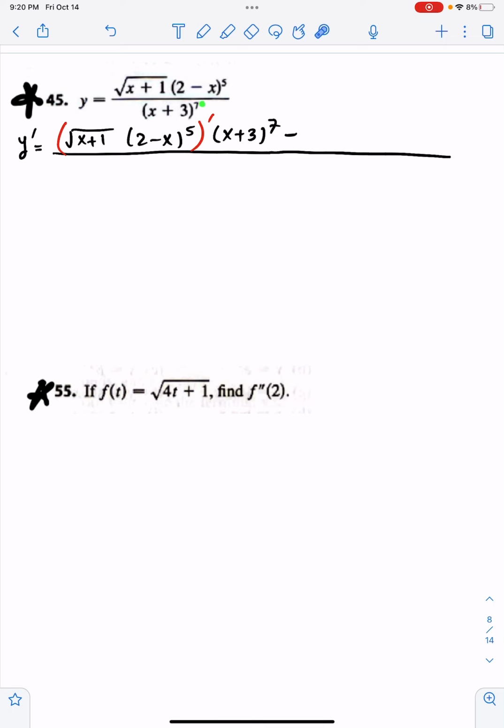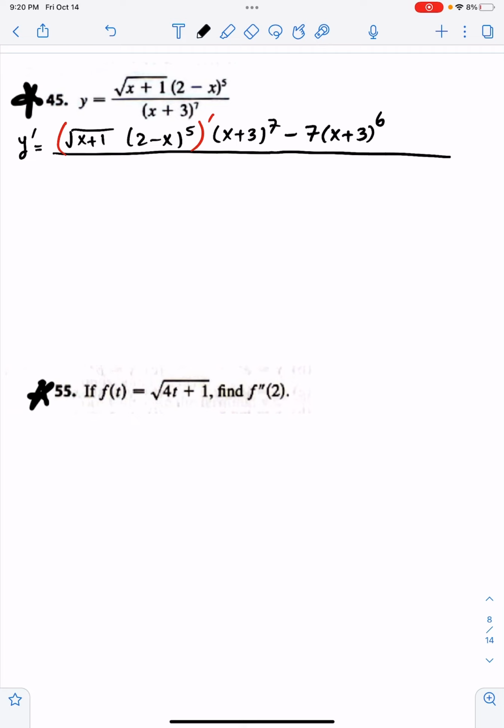Derivative of the denominator. That's easier to find, so let's find that. Derivative of the denominator, you just take 7 to the front and then subtract 1. So (x plus 3) to power 6 times derivative of inside, which is just 1, so we don't write anything.